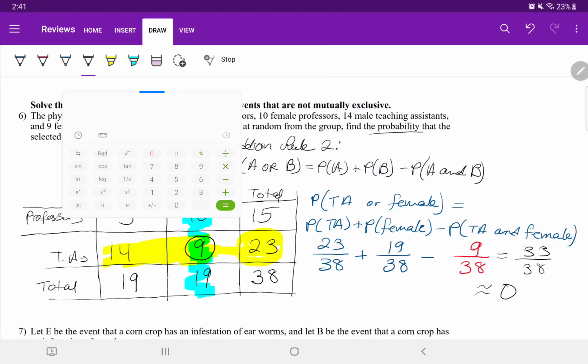Now, I know the answer on the review sheet is 33 out of 38, but just to make sure that we know how to do it in case on the exam is a decimal, we can divide 33 by 38, and it's going to be approximately 0.868. That 4 leaves the 8 the way it is.